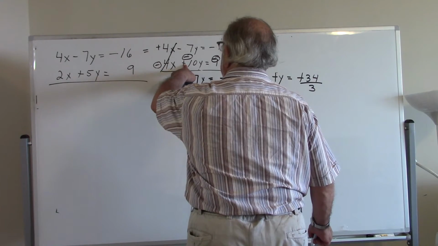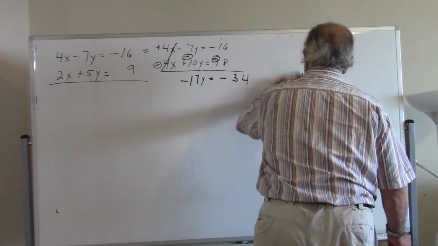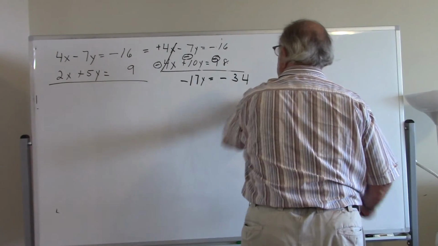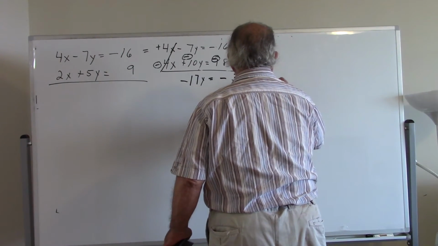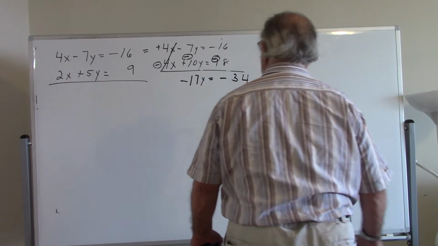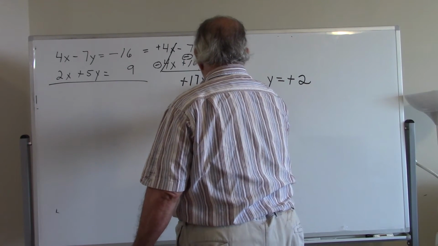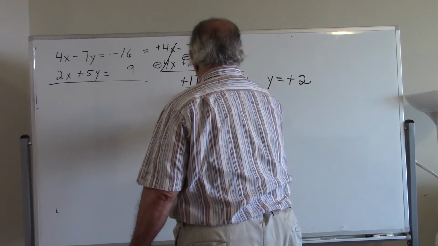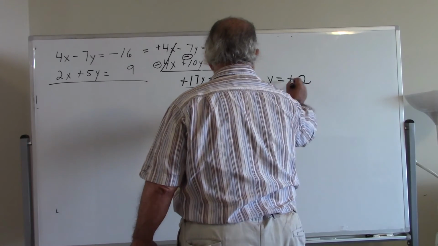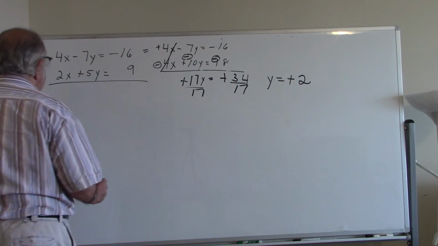This no longer becomes a plus, this becomes a negative. Oh, so now it's a lot easier. So now y is a plus 2. You change this sign, you change this sign, you divide each side by 17, and you get y is 2. So now this is a lot easier to solve.